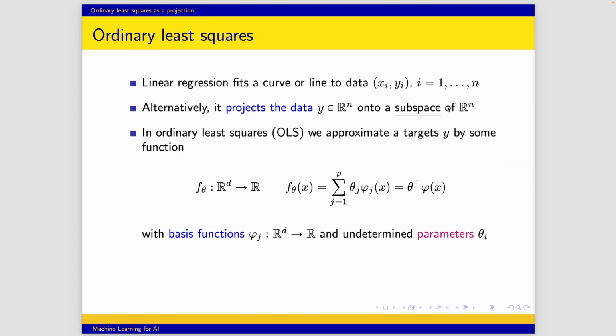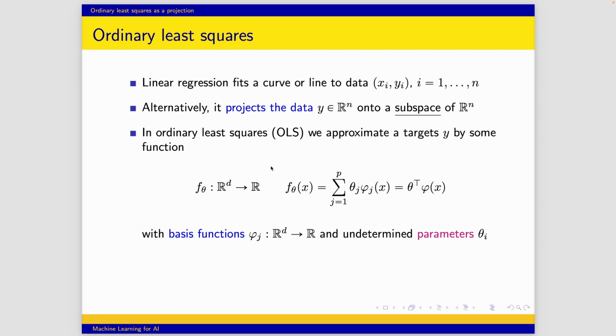So let's remind ourselves of what we do in linear regression from the point of view of ordinary least squares. This is a particular type of linear regression, and I will explain as we go through what particular assumptions we make to get from linear regression to this particular version of linear regression. We want to approximate our targets or outputs yi by some function.